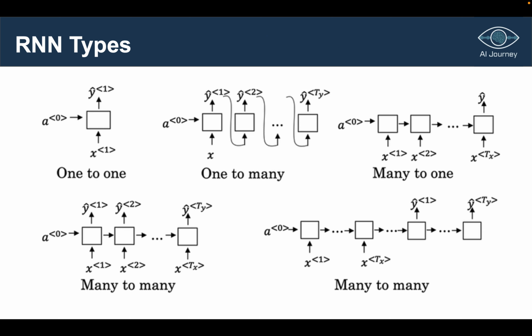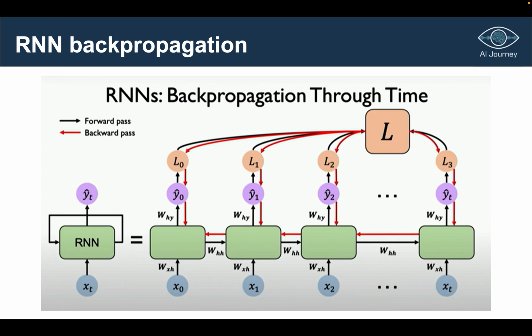Okay, but using this method to backprop into the RNN results in one problem within backpropagation. Within backpropagation, we have two main problems.